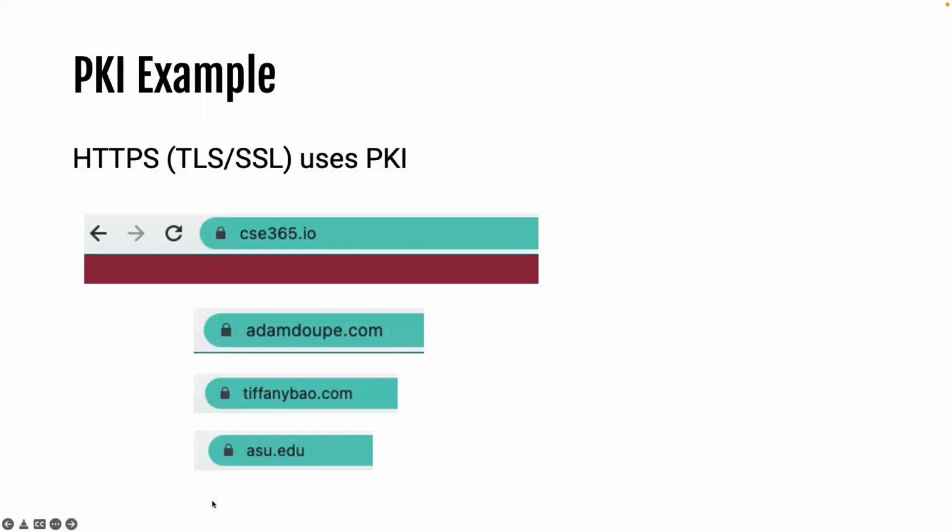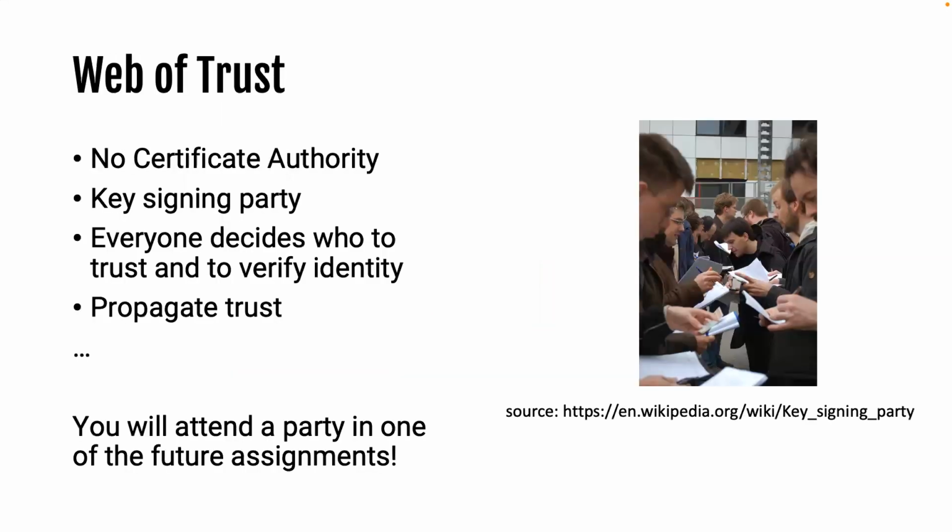That means you are using an HTTPS communication, which actually uses PKI. And also in our class, you may have an interesting key signing party later where you will authenticate other people's public keys, making sure they're truly from the right person. However, you also want to think about how you can really tell that the right person is the right person.